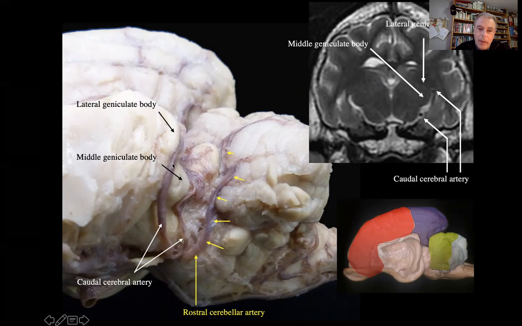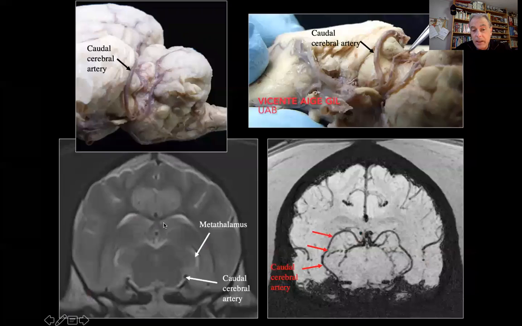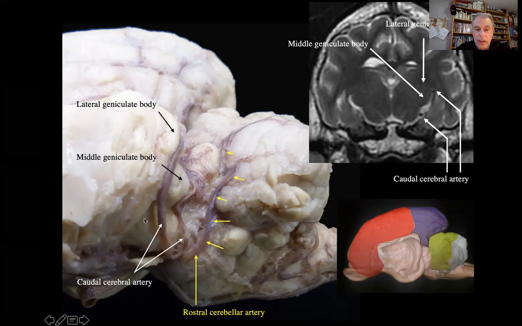This branch of the caudal cerebral artery, and the other one, it's running in contact with these portions here, which are the cerebral peduncles. So it's running in close contact with the cerebral peduncles and running caudal to the medial geniculate body. Okay, and this is the rostral cerebellar artery.